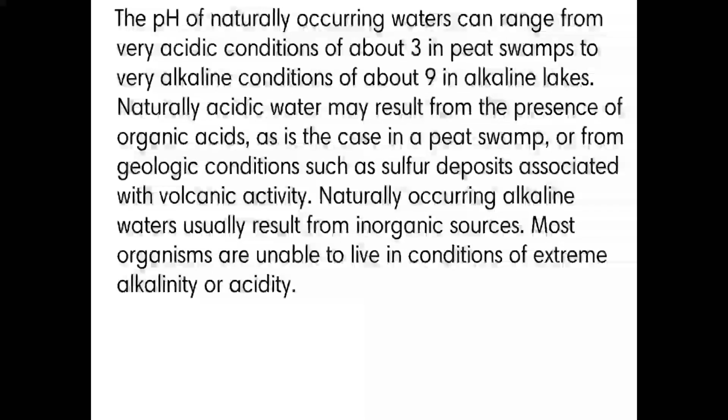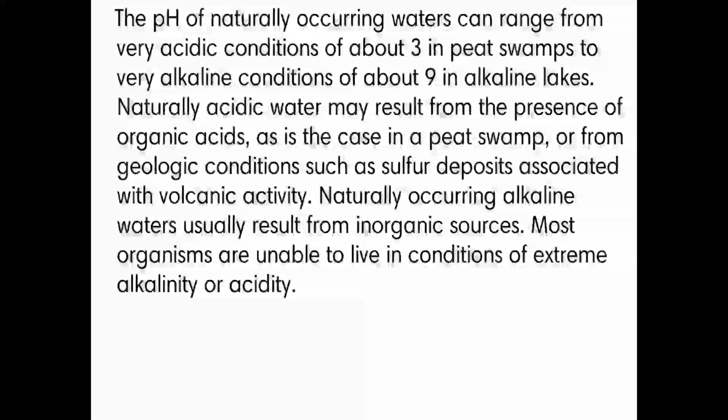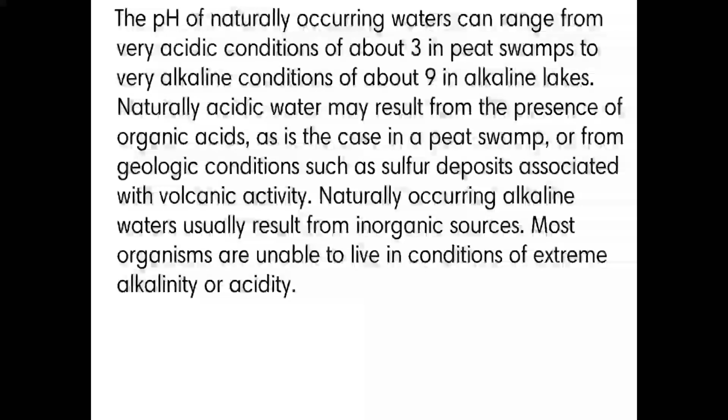The pH of naturally occurring waters can range from a very acidic condition of about 3 in peat swamps to a very alkaline condition of about 9 in alkaline lakes.